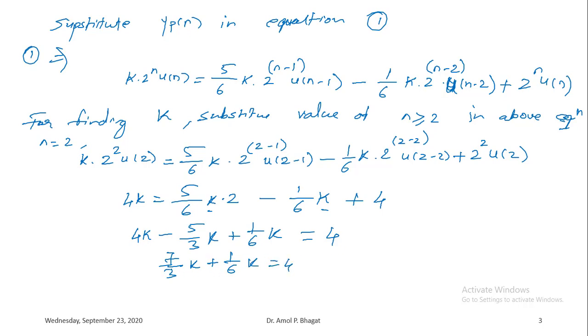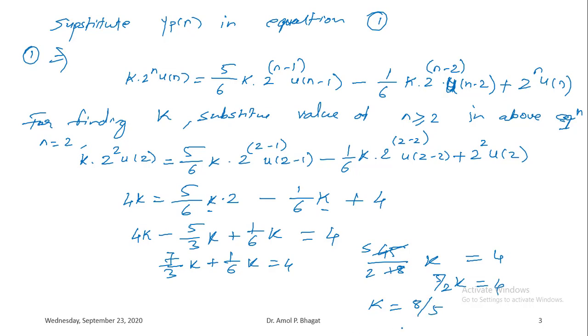Again I will solve this and I will get 45 by 18k is equal to 4. Again I can minimize it, 9 to the 18, 5 is the 45. So it will be simply 5 by 2k is equal to 4. So k is equal to, setting it on the right hand side, 2 multiplied by 4, that is 8 by 5.